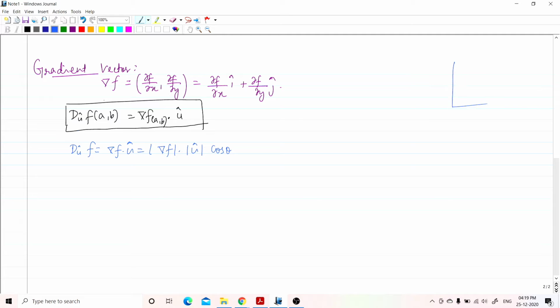Here, if this is your u1, u2, and if you can find the angle between this vector and this axis, then your u1 may be written as cos theta and u2 may be written as sin theta. So this is the angle. This u may be represented in terms of theta using these formulas.